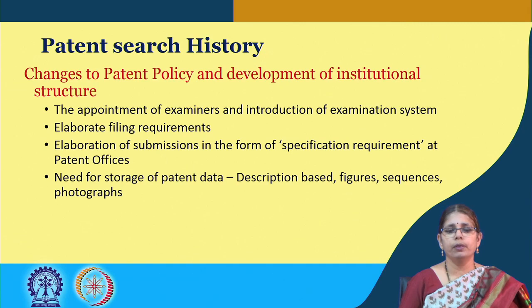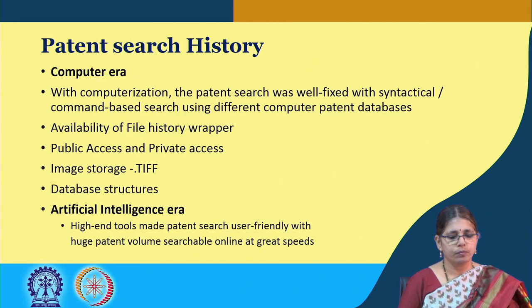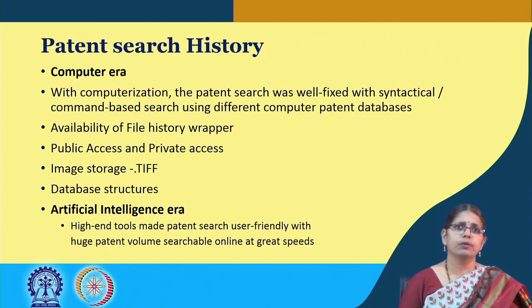So, this is where you see a sea change in why the imperative for patent search is realized more now, because today there is a lot of access to patent documentation which was not available in the earlier times. And of course, the computer era has really opened up the ease of search.